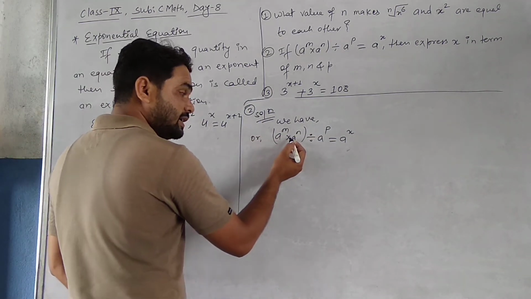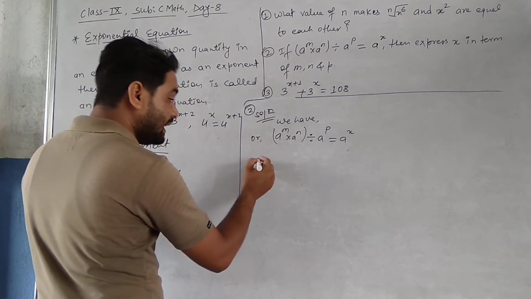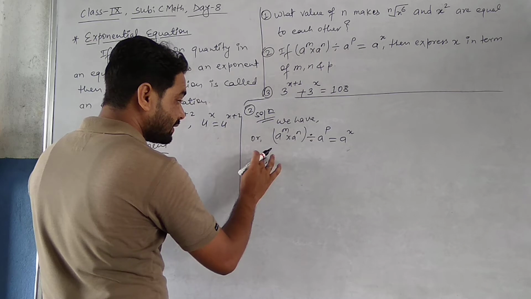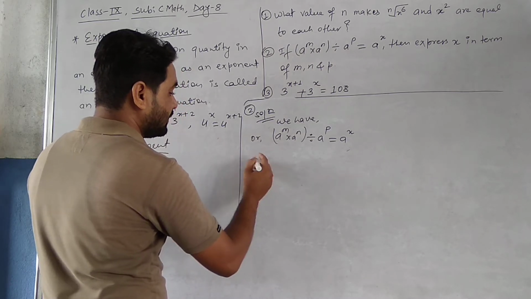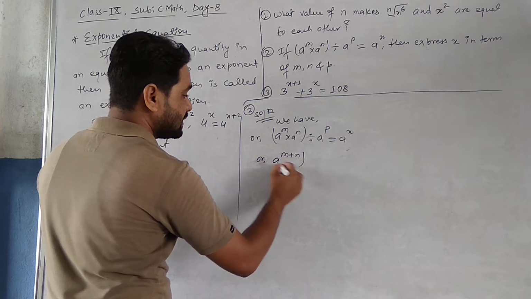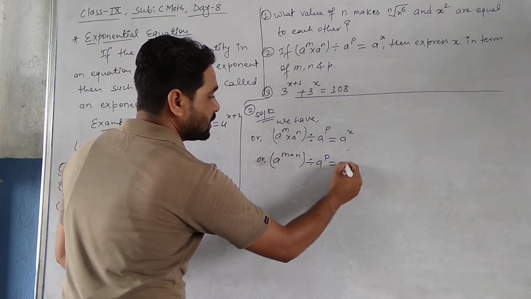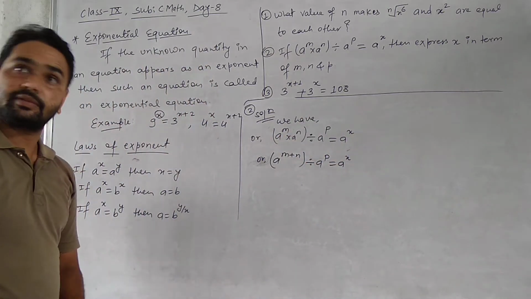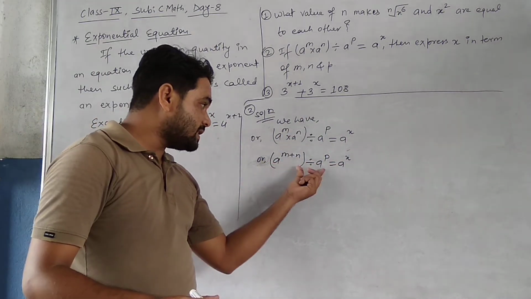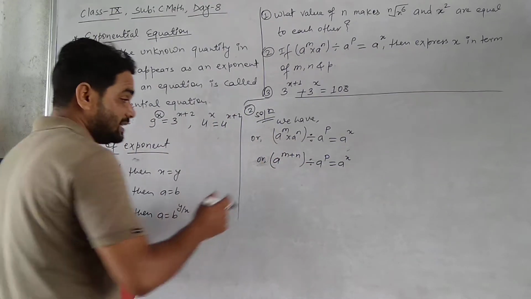Here it is multiplication. If the base is same and the multiply sign is there, then we add the powers. So let's add the powers: a power m plus n, divided by a power p, equals a power x. Now again the base is same, and in the form of divide, we subtract the powers. This is our law.